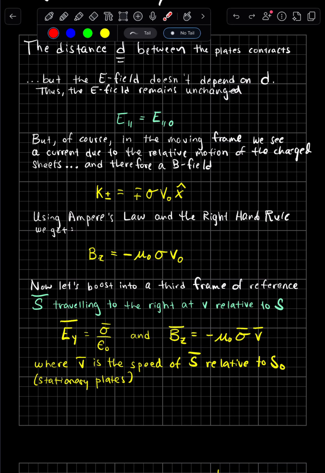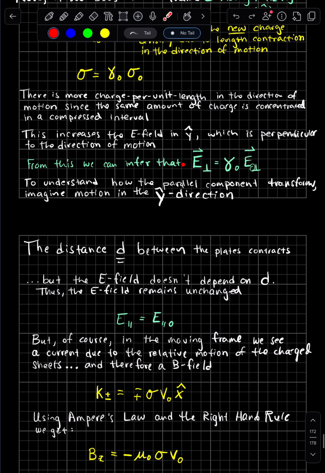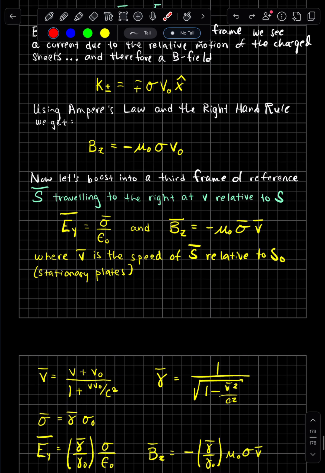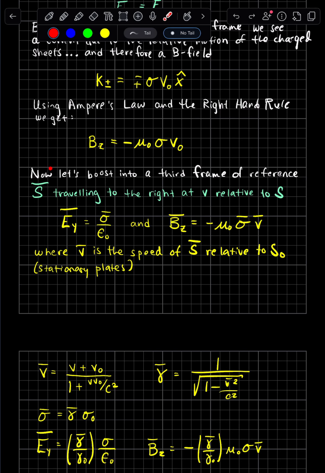So we're going to boost from S to a third frame that we'll call S bar. We start in a frame where we already have a magnetic field and an electric field, and ask how the different fields transform if we boost to this new frame, S bar.